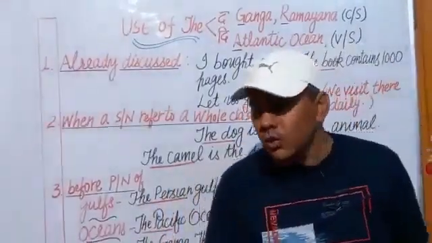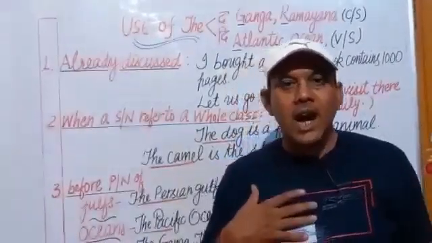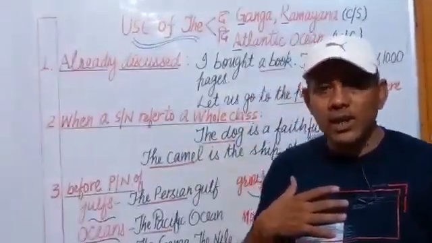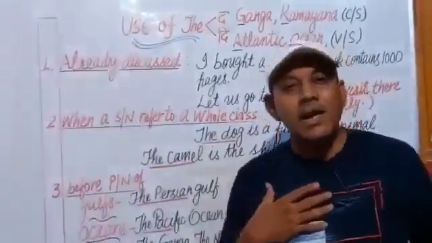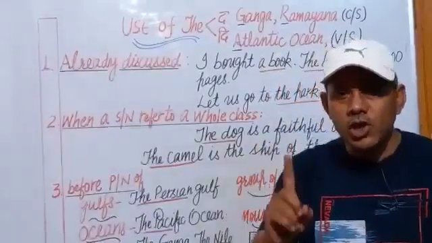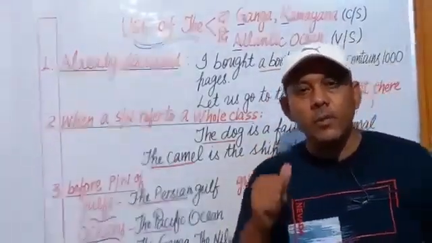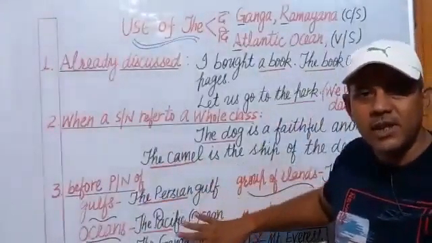Although we don't use articles before proper nouns. For example, I am Surendra. Surendra is the name of a person. I will never say I am a Surendra or I am the Surendra. No, because we don't use articles before proper nouns except these specific ones.